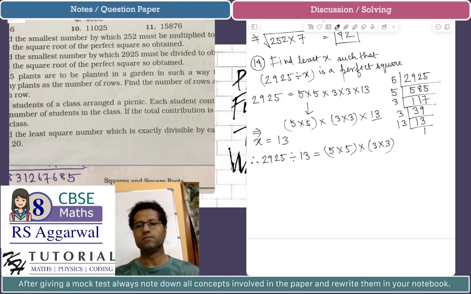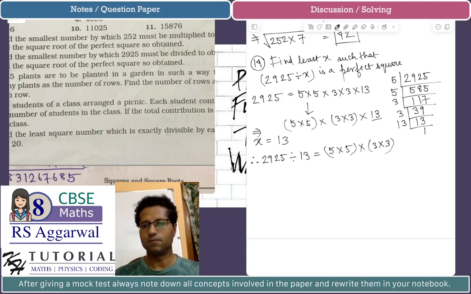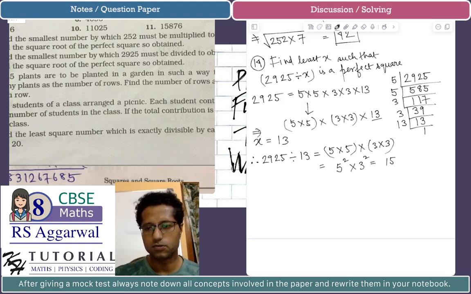So it will become 5 into 5 multiplied by 3 into 3. This is nothing but 5 square multiplied by 3 square, and this is equal to 15 square. So the new number that is formed by dividing the given number by the least number, the square root of that number is 15.